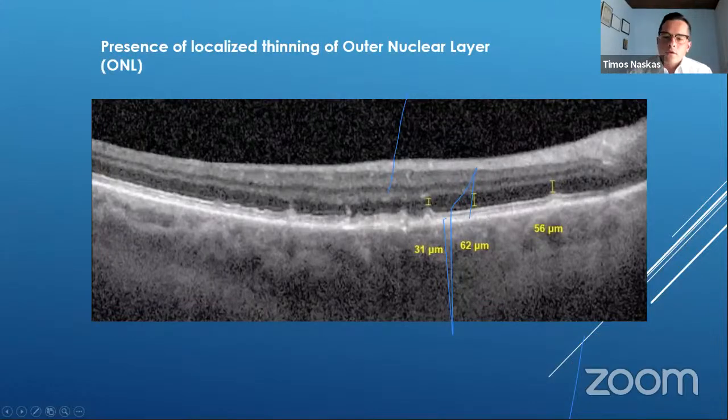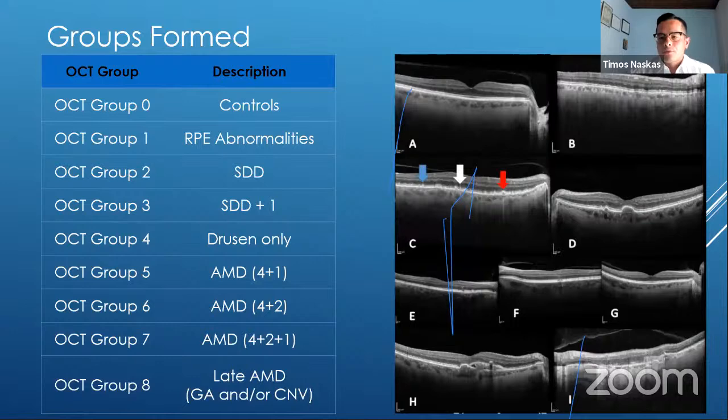And in the case of geographic atrophy, for example, whenever the disease has evolved and progressed enough, the nuclear layer would fall off. So my logic, when I was forming my groups, was that from these factors and phenotypes that I found, the more material I would find in an image, the higher up it would be in the hierarchy.